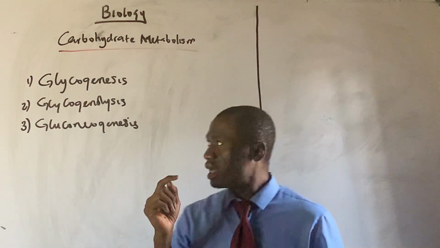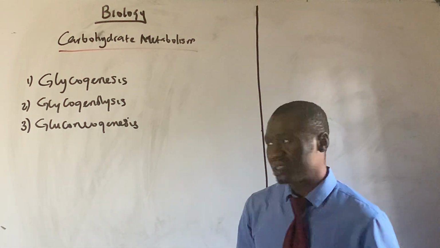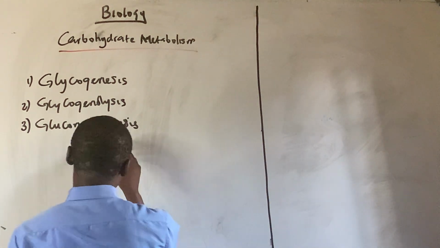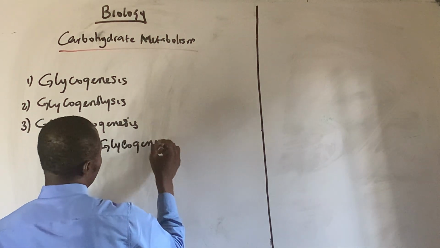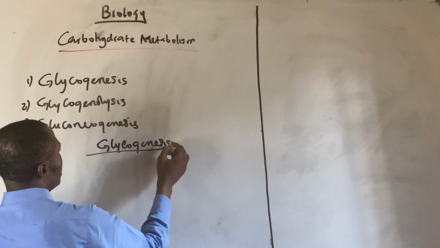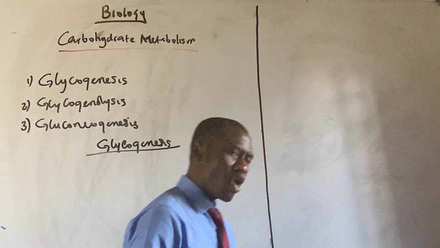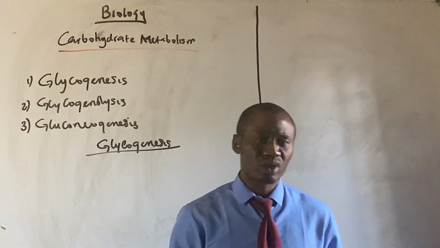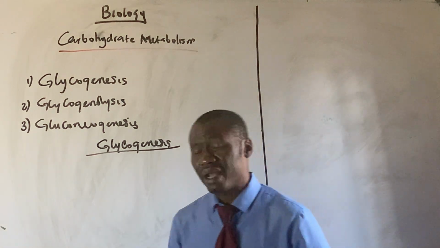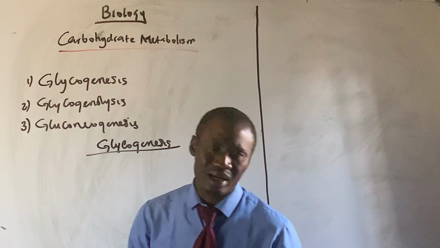The first one is glycogenesis. What does that mean? Now, for glycogenesis, this is simply the conversion of excess sugar, free sugar in the body, to glycogen by the process of phosphorylation and condensation.